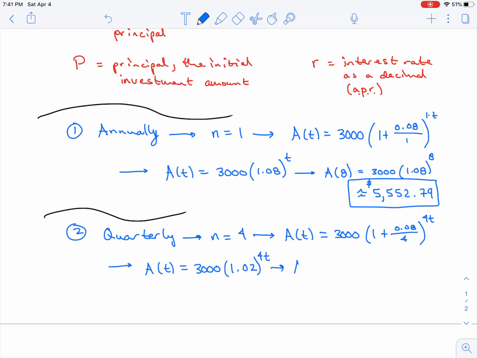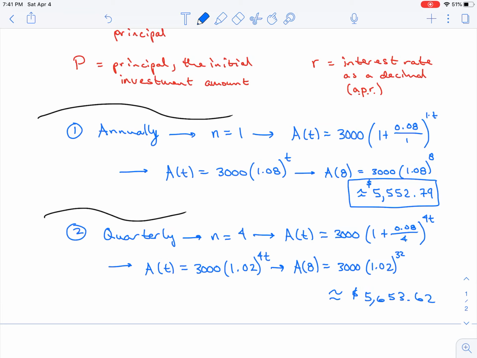Plug in 8, and we have 3,000 times 1.02 to the 32, which is approximately $5,653.62.